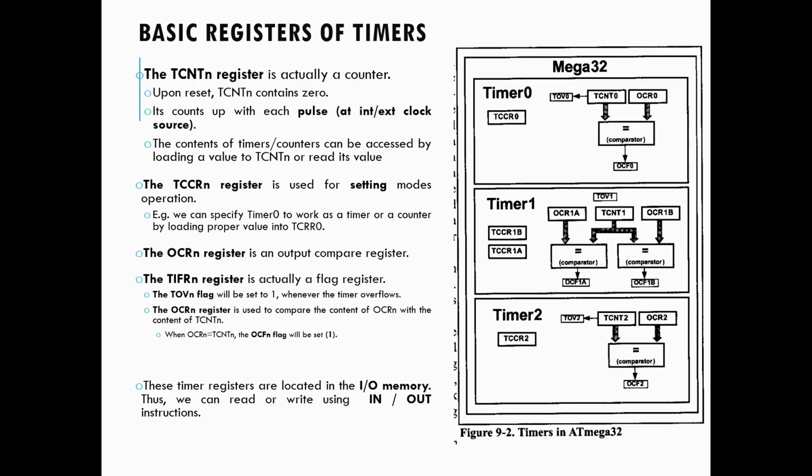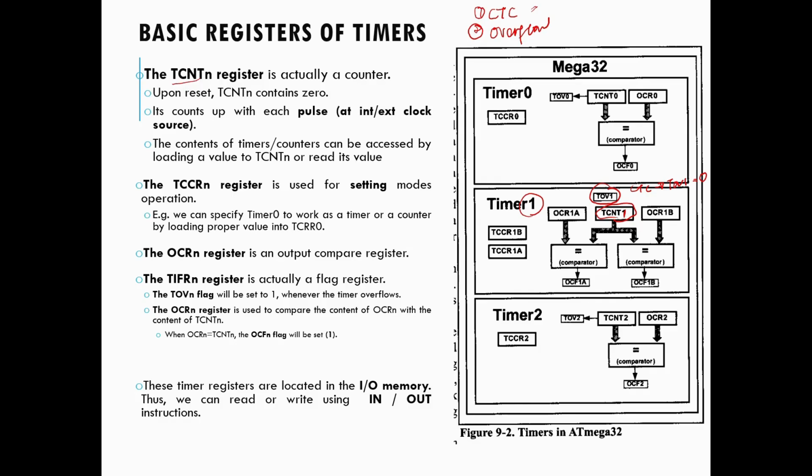Now timer 1. For timer 1, firstly you see your TCNT value. You can choose between two methods, either the first method, CTC, or the second method, overflow. If you are using CTC, you check the TOV flag, so TOV1 will be equal to 0.